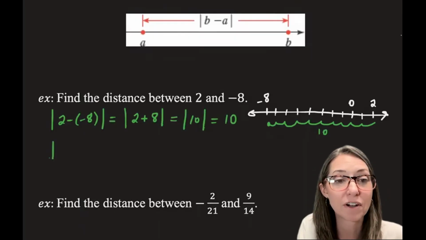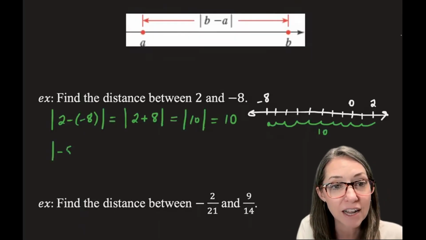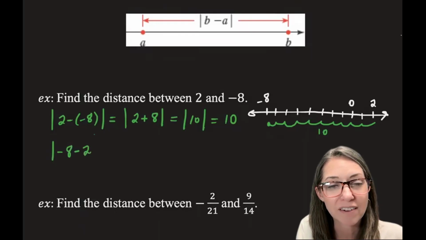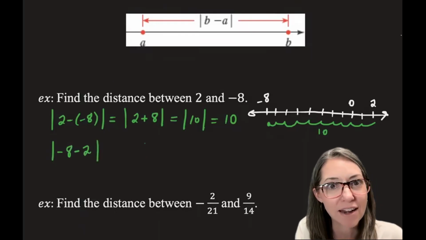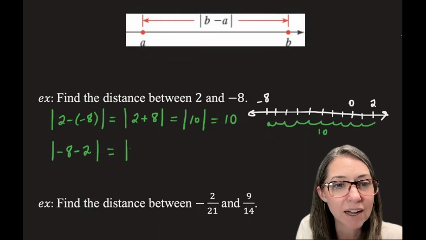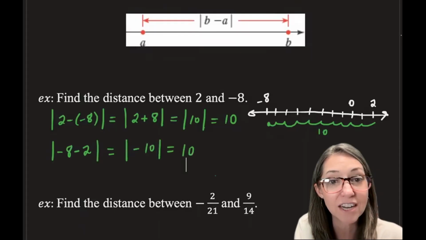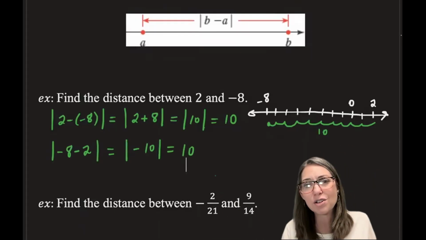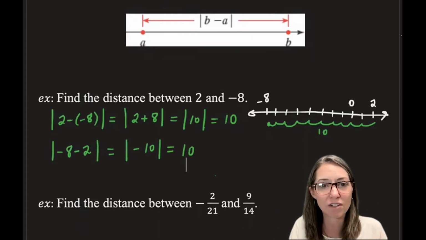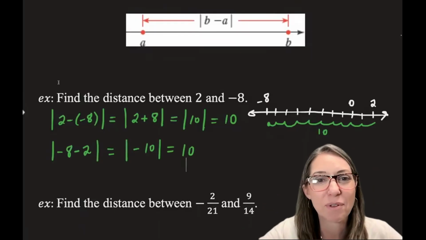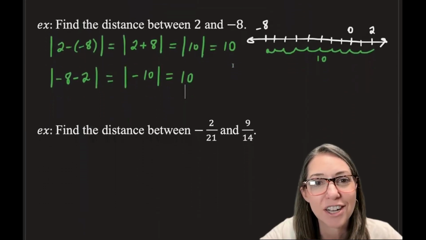But if we reverse it and we put the -8 first, and we did -8 minus 2, so kind of the absolute value of A minus B, we will get the same thing because -8 minus 2 is -10, and the absolute value of -10 is also 10. So no matter how you do it, the distance between two numbers is given by the absolute value of their difference.